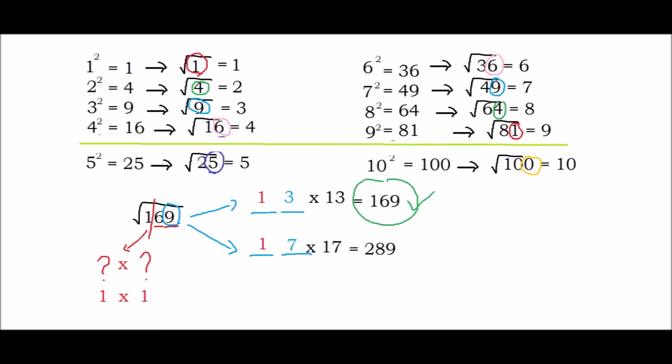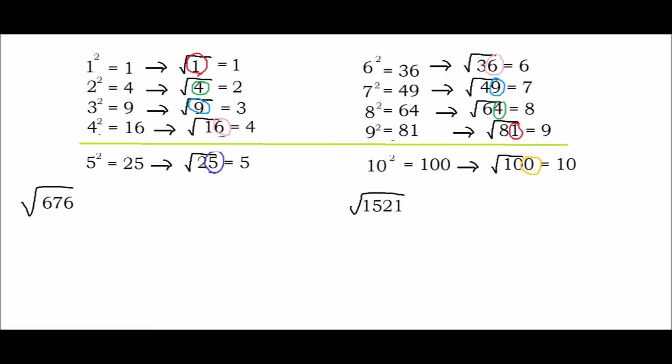Let's practice even more with two more numbers. Square root of 676 and square root of 1521. First of all, 676 ends with 6. And in the list, the ones that end with 6 are either 4 square or 6 square, while 1521 ends with 1.